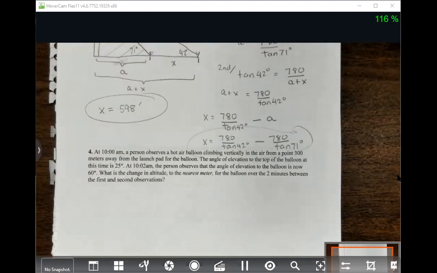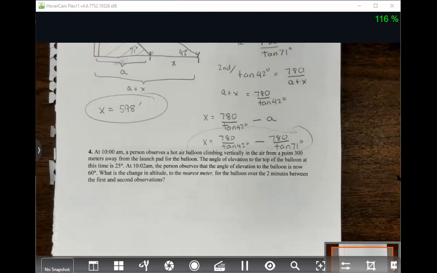The angle of elevation to the top of the balloon at this time is 25 degrees. At 10:02 a.m., the person observes the angle of elevation to the balloon is now 60 degrees. What is the change in altitude to the nearest meter for the balloon over the 2 minutes between the first and second observations?